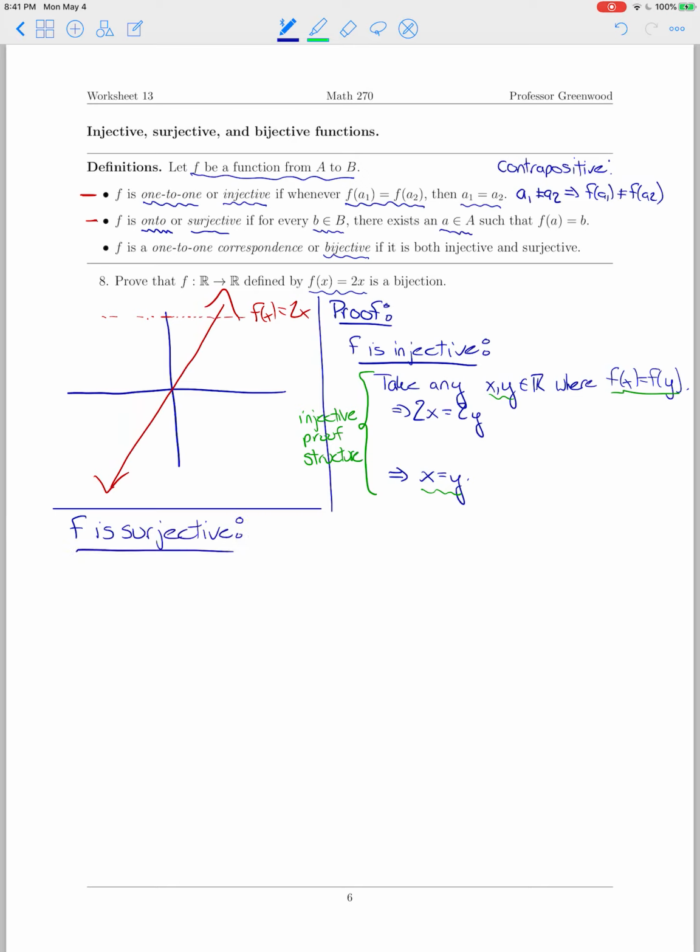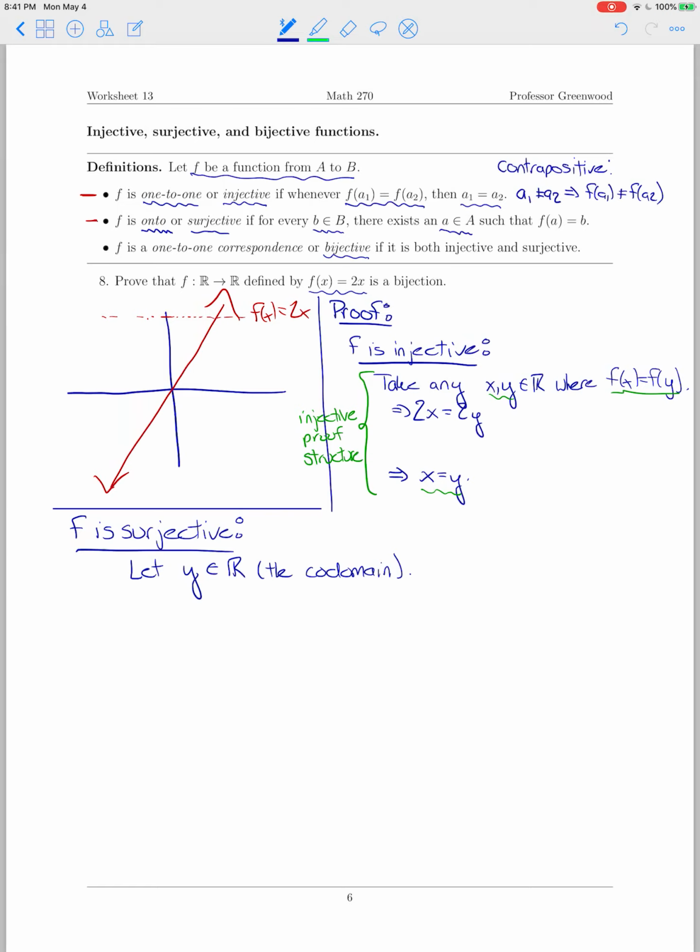Okay, now we can show that f is surjective. In this case, we're going to want to take anything in the codomain and then find something in the domain that hits it. So we'll let y be inside the codomain. This is really similar to showing that the range of this function is equal to the codomain.